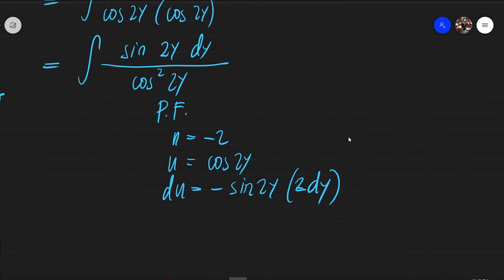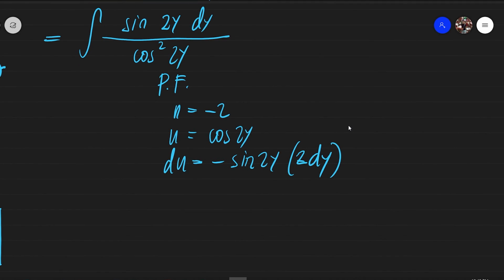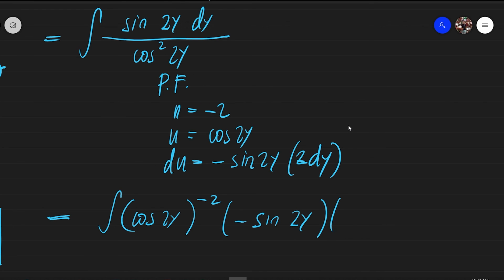Okay, so we'll apply now the left side of the power formula. So this is equal to the integral of u raised to n du. So your u is cosine 2y raised to n, that is negative 2. Your du is negative sine 2y dy.